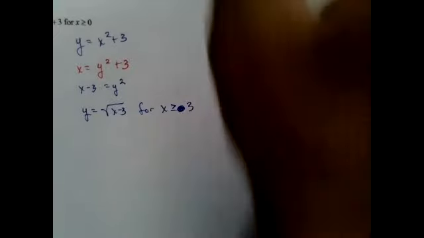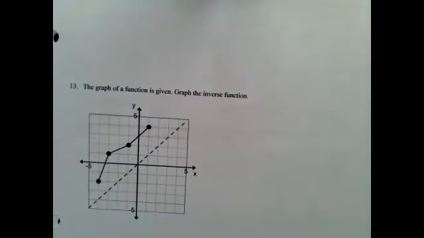Okay, let's see what we have here. There's that line Y equals X. Here's the function, graph the function. How do I find an inverse? I switch the X's and Y's.